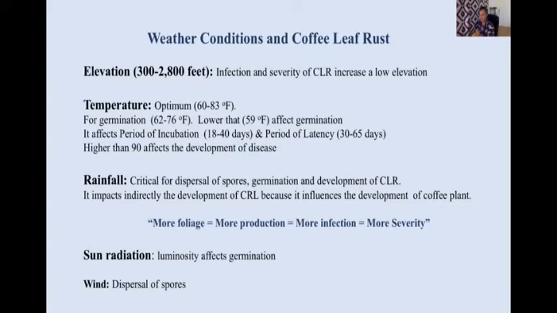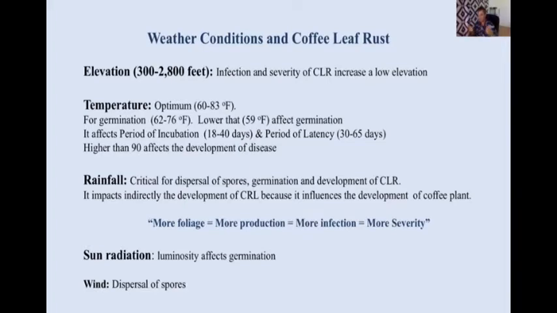So the disease moves in the same tendency as the coffee plant's production. What does it mean? More foliage, more production, more infection, more severity. We have years with high production and years when production goes down. The disease moves in the same direction.